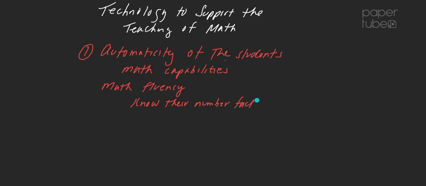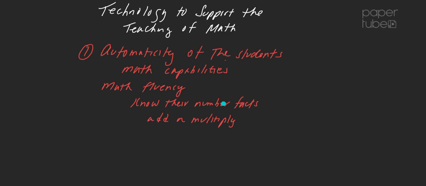So can they, let's say, add or multiply even single digit numbers quickly and accurately, because that is certainly going to have an impact on their ability to solve math problems.